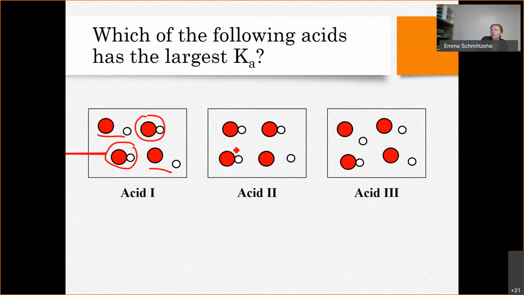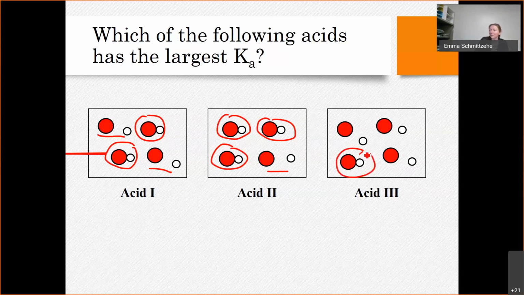Whereas in the second one, we have three of them that are still attached and only one of them fell apart. So we've only got 1 out of 4 that ionized, okay? Whereas in the third acid, we only have 1 that's still put together and 3 of them came apart, okay? And so more of them ionized in that case. So we want to know which of the following has the largest Ka. What you need to remember is Ka is a measure of how much stuff ionizes.